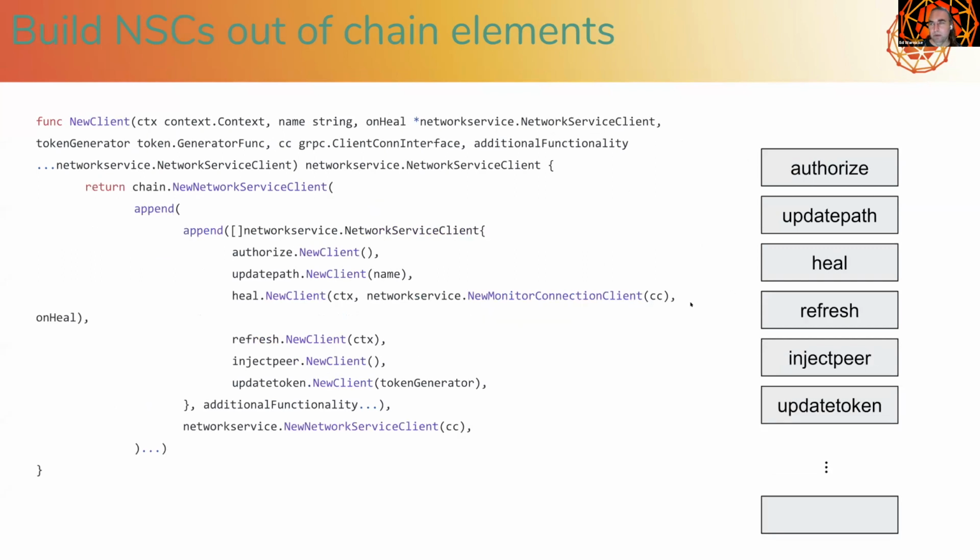You've got a similar sort of behavior with clients, where again the first step anyone needs to do is to authorize. All the healing and refresh behavior is encapsulated, the update token pieces, et cetera. It turns out this actually turns into a very powerful pattern because it means the various concerns in the system are highly localized.